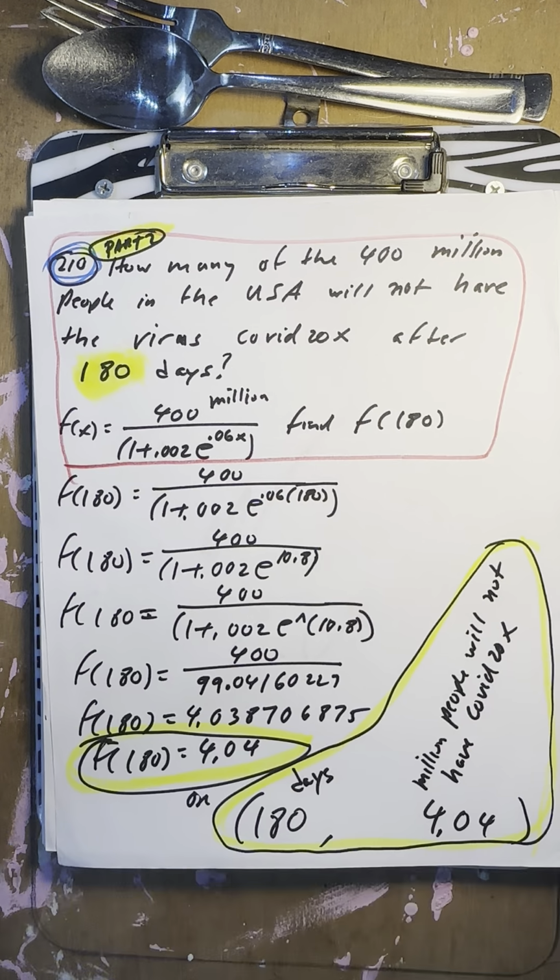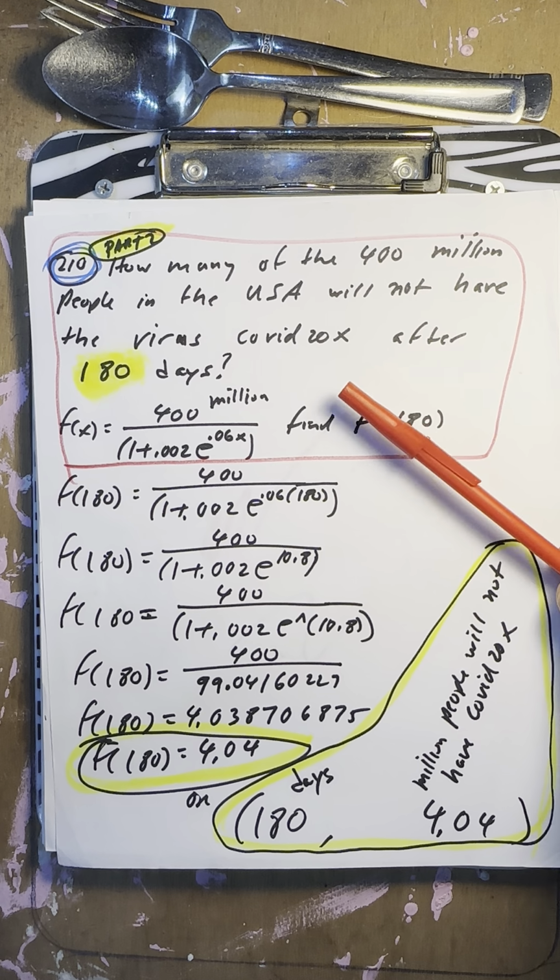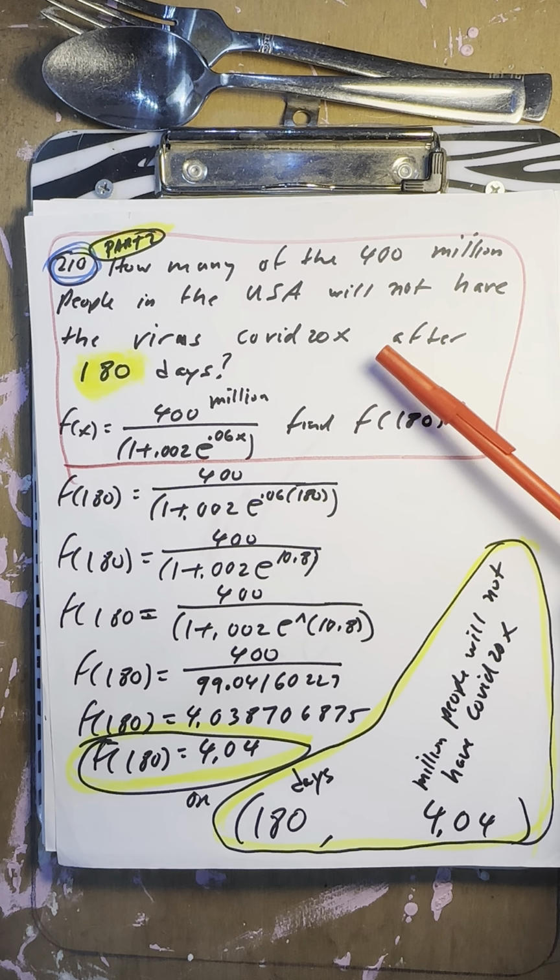Okay? What? Time goes by. So now, how many of the 400 million people in the USA will not have the COVID-20X after 180 days go by? Oof, 6 months. So 180 days go by. What happens now? 180 times this. And that's going to give me this number. And these two numbers, divide them.